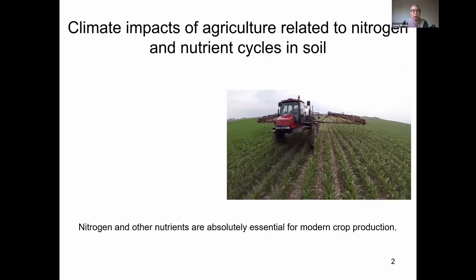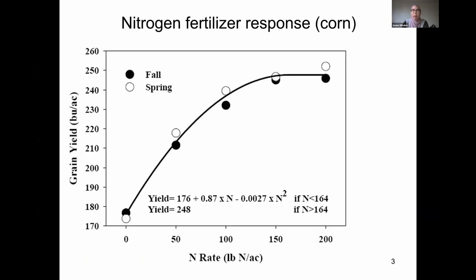So we know that in agriculture, we are influencing and changing nitrogen levels and all of the nutrient cycling in soils. And we do this very purposefully because nitrogen and other nutrients are absolutely essential for modern crop production. All we need to do is look at any of the hundreds or perhaps thousands, even tens of thousands of fertilizer response curves, this one being for corn, to know that adding nitrogen fertilizer will improve the grain yield of that crop.